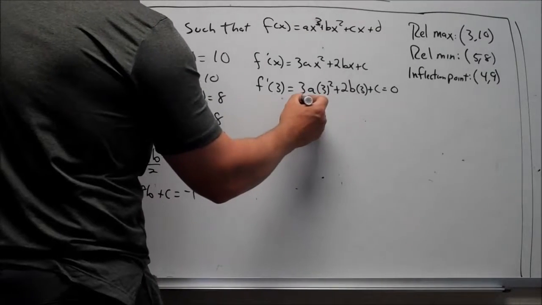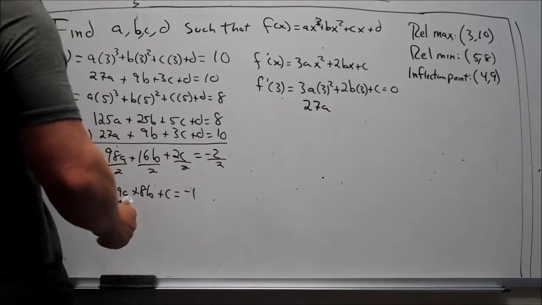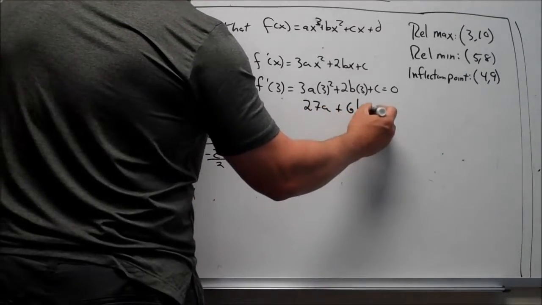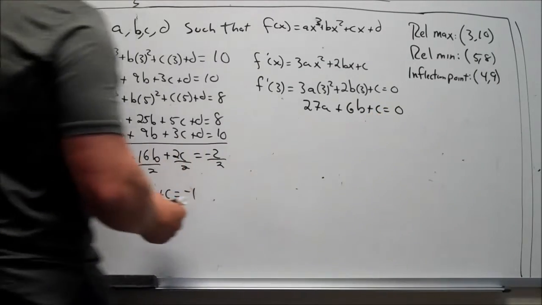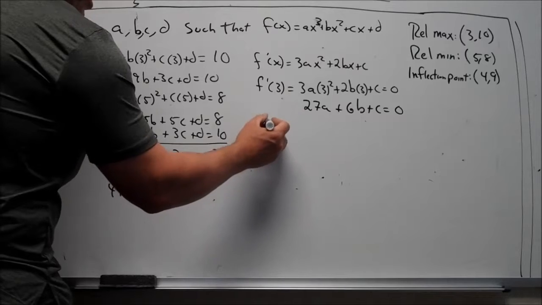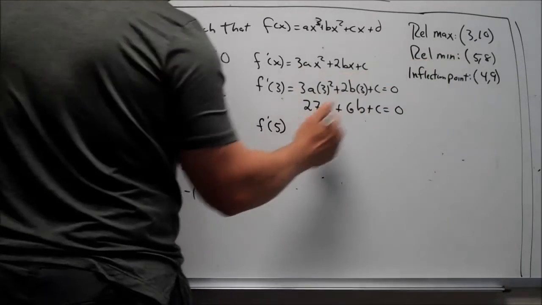So from that we get 27a plus 6b plus c equals 0. And then f prime of 5 is also going to be 0 because that's a relative min.